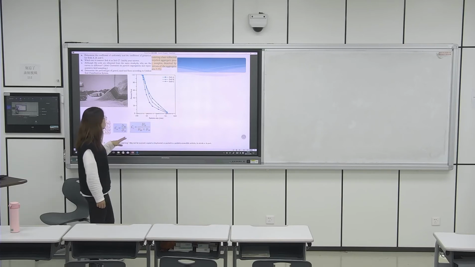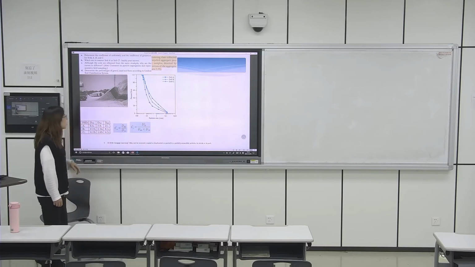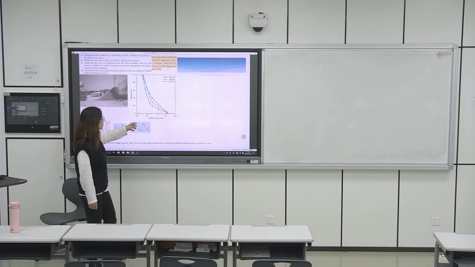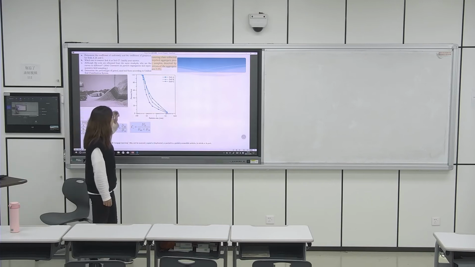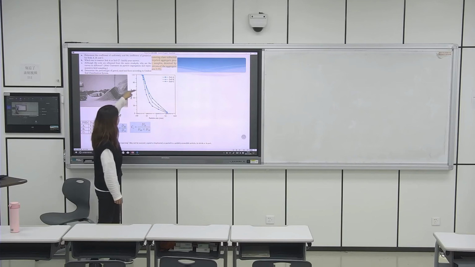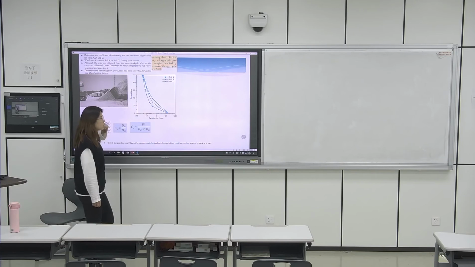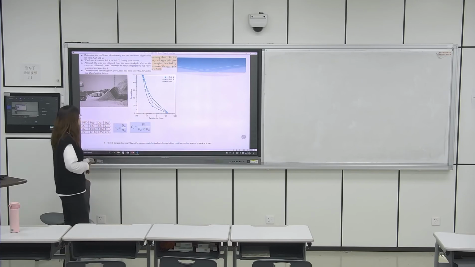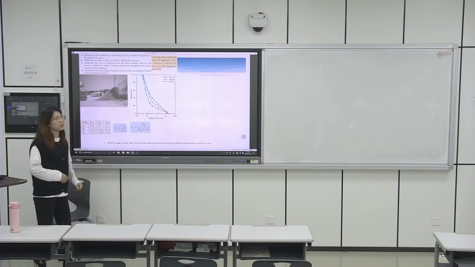So in here you need to know what D10, D30, and D60 are, right? D10, D30, and D60 are the particle sizes corresponding to 10%, 30%, and 60% passing. So if you know the definition, it is very easy to find the D10, D30, and D60 for soil A, B, and C, and then calculate Cu and Cc, right?